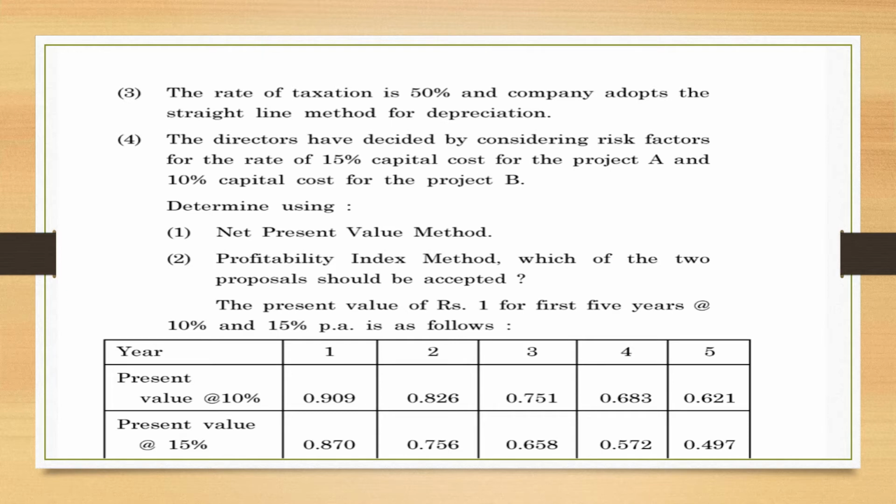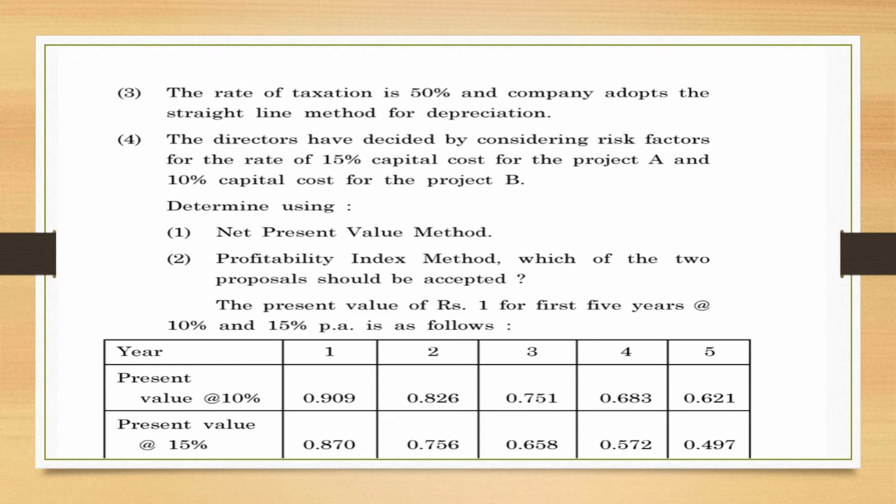The rate of taxation is 50% and the company adopts the straight line method for depreciation. The directors have decided, by considering risk factors, on a 15% cost of capital for Project A and 10% cost of capital for Project B. Now we have to determine, by the net present value method and the profitability index method, which of the two proposals should be accepted.